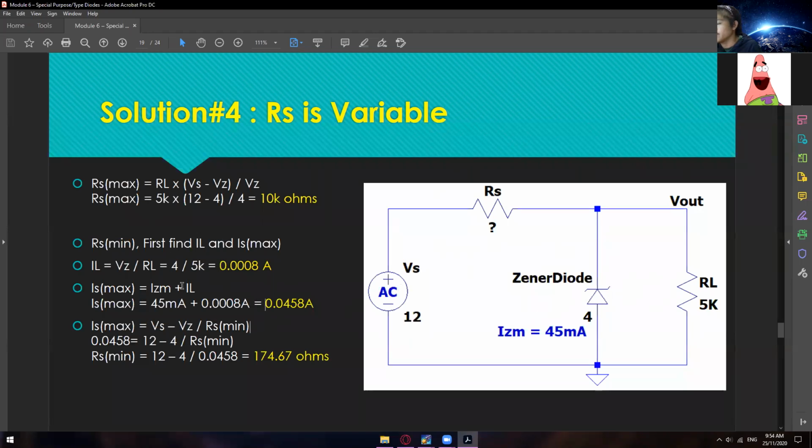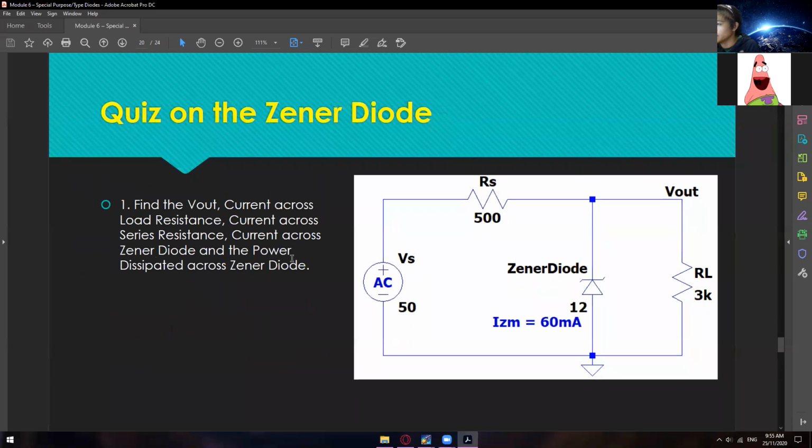All right, so if you guys don't have a question anymore, here's your quiz regarding this module. Number one, find the V out, current across load resistance, current across series resistance, current across Zener diode, and then the power dissipated across Zener diode. As you can see, everything is given, so everything that is missing in here is solvable.